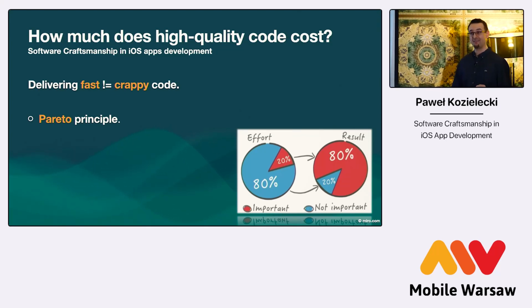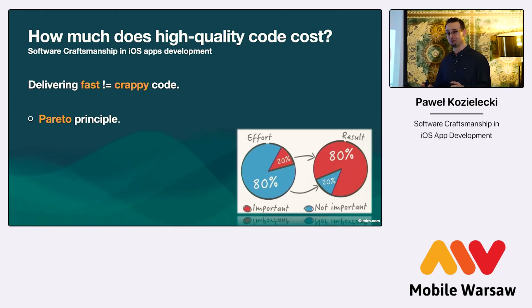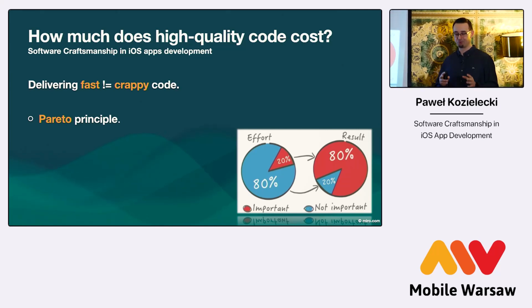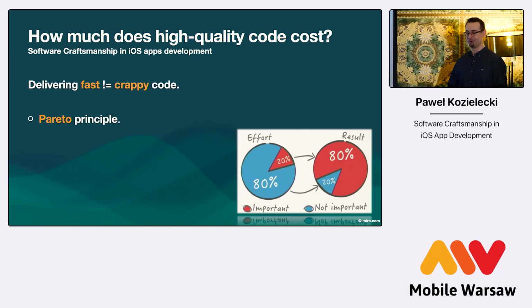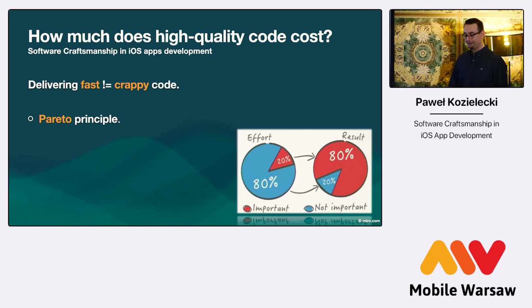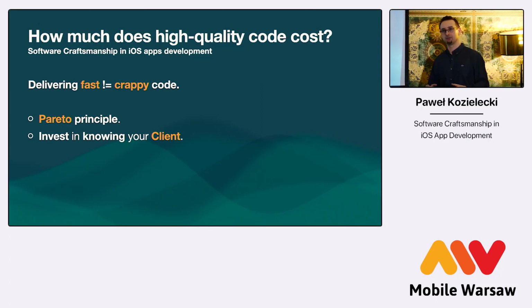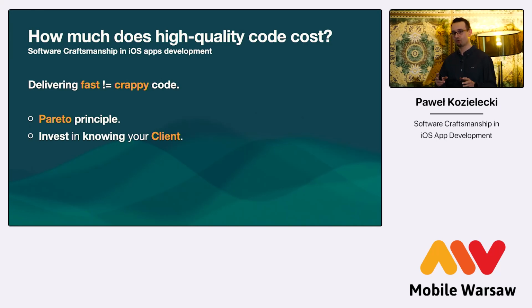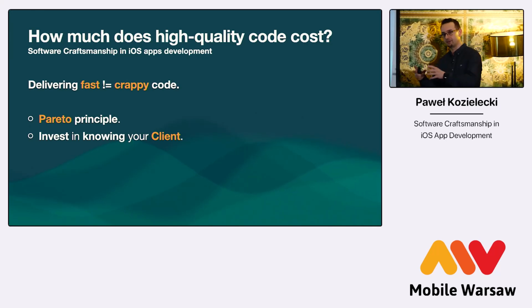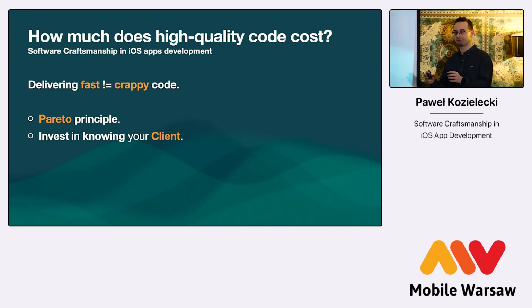Lines of code, unlike people, are not born equal, right? There are more important lines of code and less important lines of code. And if you invest in knowing your client and understanding their business processes, how they make money in short, you can quite easily isolate that most important 20% of the code.